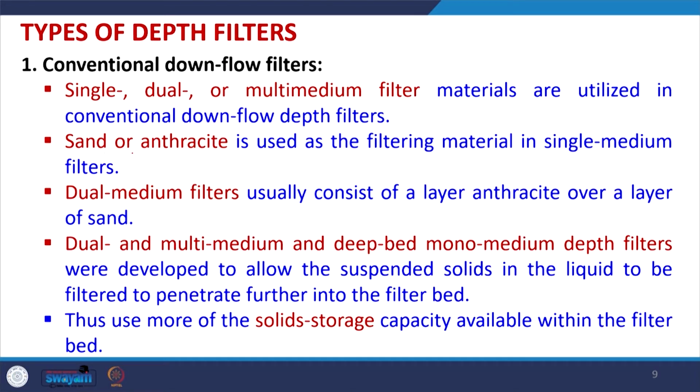Sand or anthracite coal is used as the filter medium in single medium filters. Dual medium filters may consist of an additional layer of anthracite over a layer of sand. So, that is possible, and we can have multi-medium filters also.